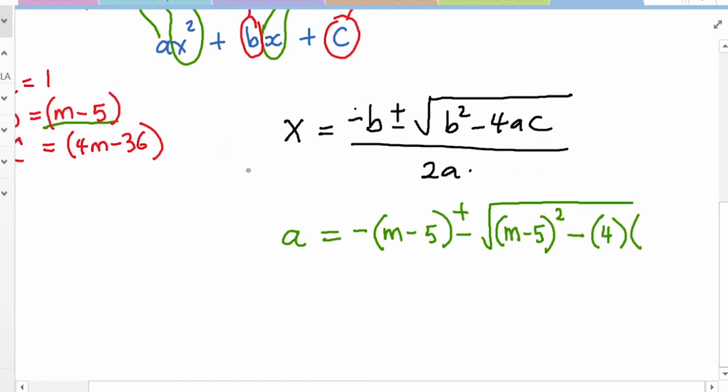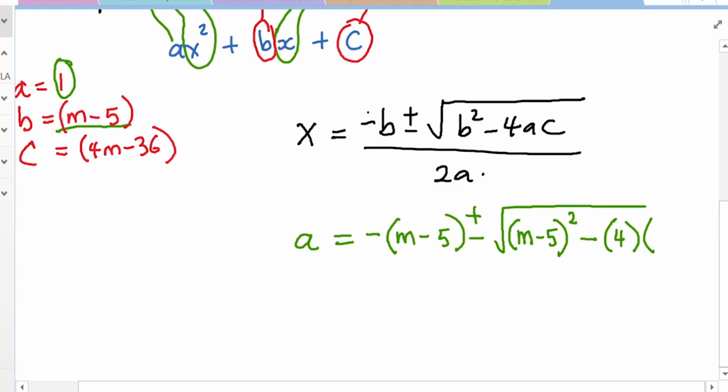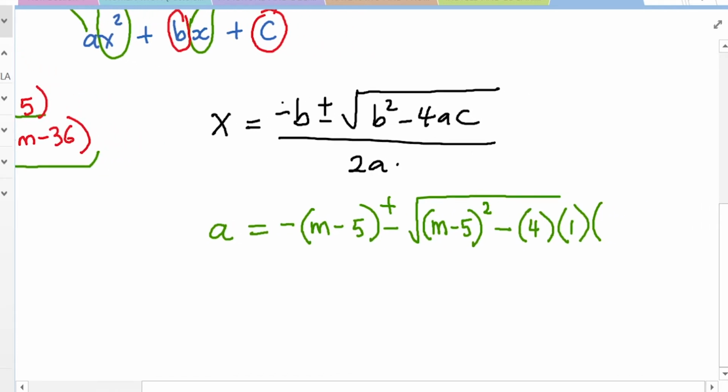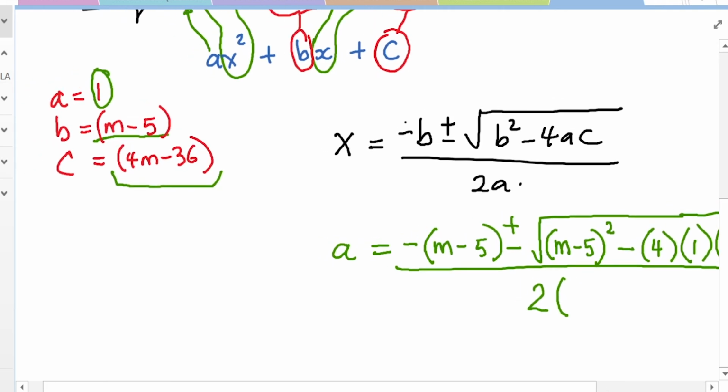We found our value of a to be 1, so my value of a here is 1, times my value of c. My value of c is 4m minus 36, so this is 4m minus 36. Divide all this by 2a, by 2 times my value of a. My value of a, as you can see, is 1.